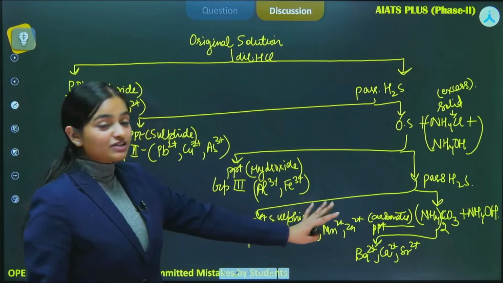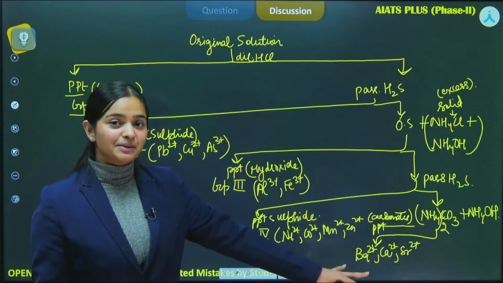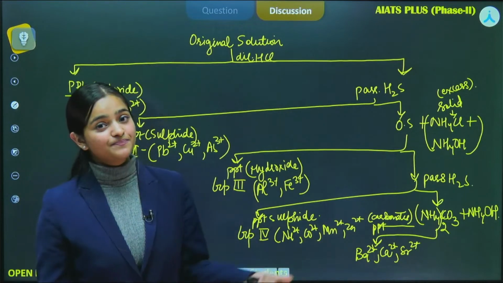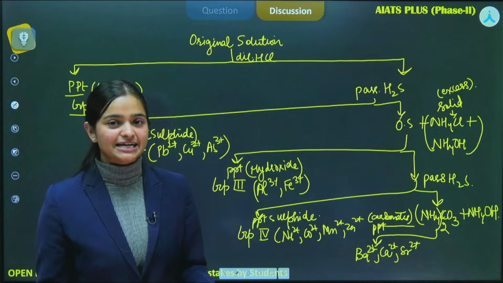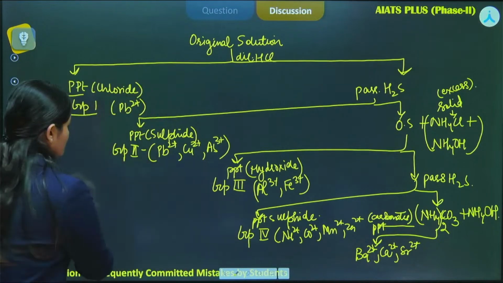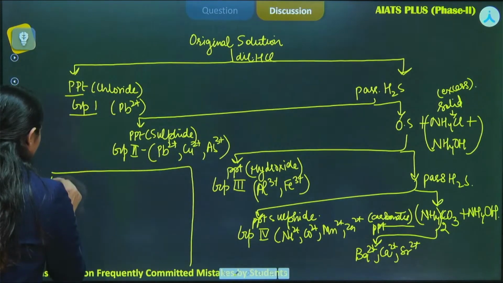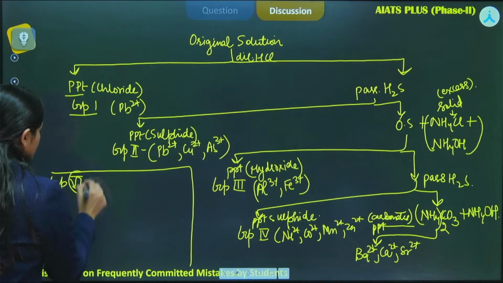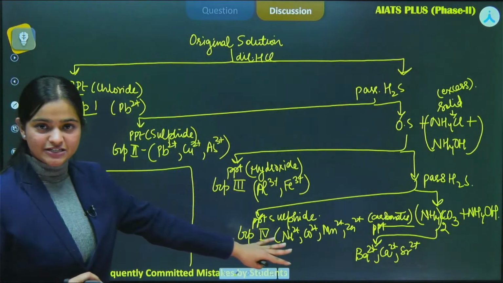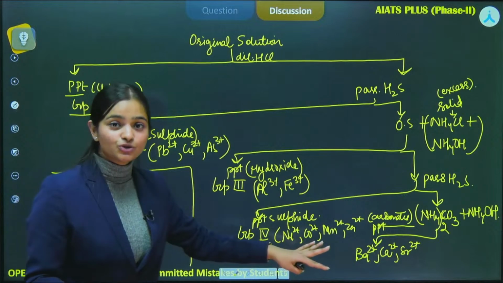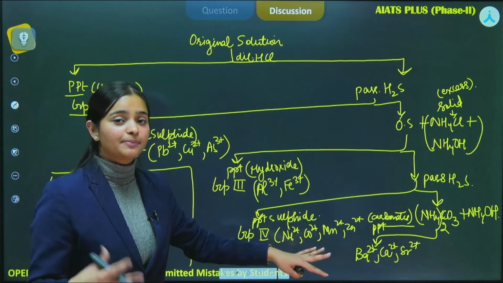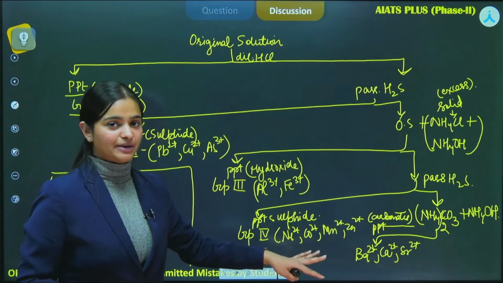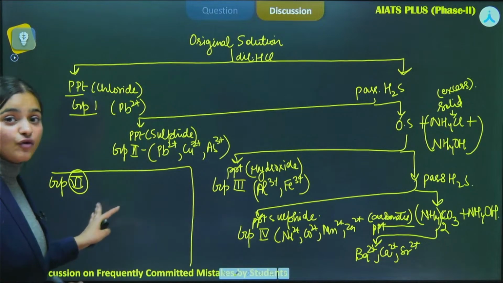And even after that, if you do not get the PPT, the solution does not come out as a precipitate, then we perform the test for group 6 cation.